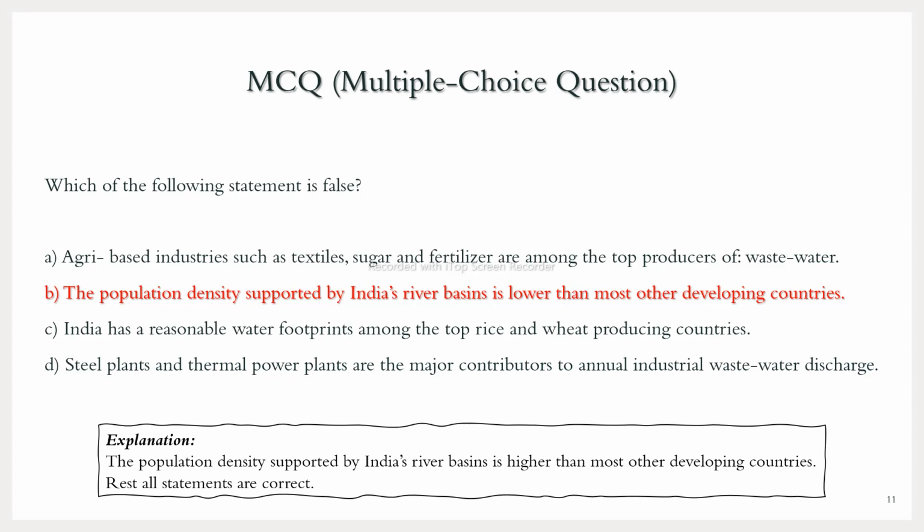It is not lower because India is a very old civilization, a river based civilization, and also an agricultural based civilization. So population has been accumulating at the river basins of India for a long time. So it is not less than other countries, and all the other statements are correct.